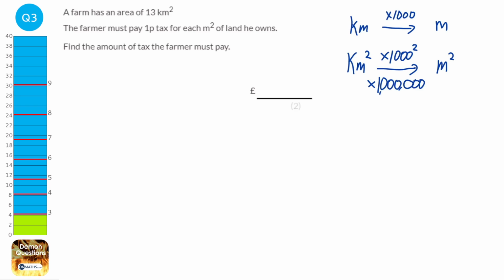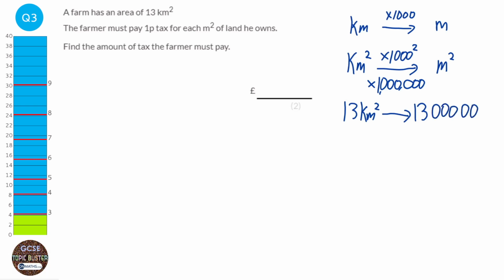So 13 kilometers squared is going to be the 13, and then times by 1,000,000. So 1, 2, 3, 1, 2, 3. So it's going to be 13 million. Now, it says here the farmer must pay 1 pence tax for every metre squared. So this is going to be 13 million metres squared.